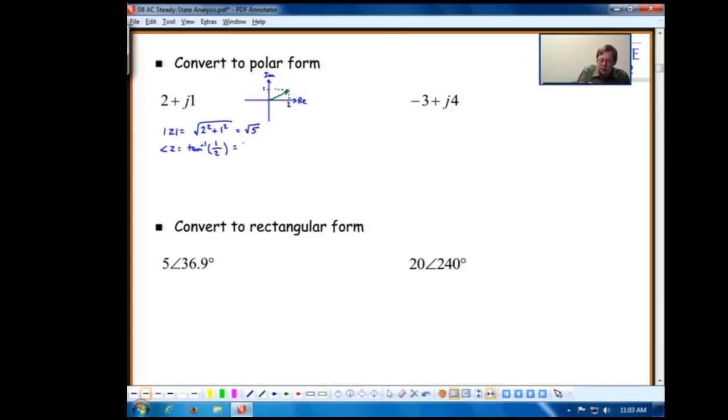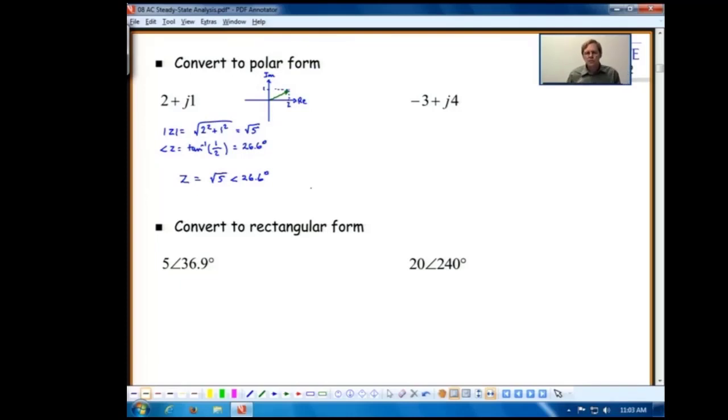If you look that up on your calculator or in a trig table, you'll find the angle is 26.6 degrees. So in polar form, 2 plus j1 is root 5 at an angle of 26.6 degrees.